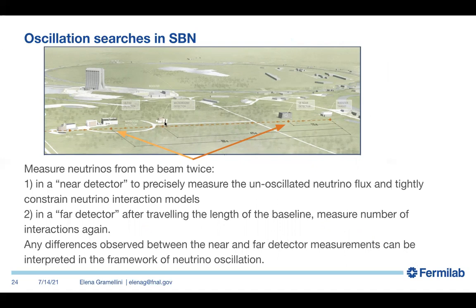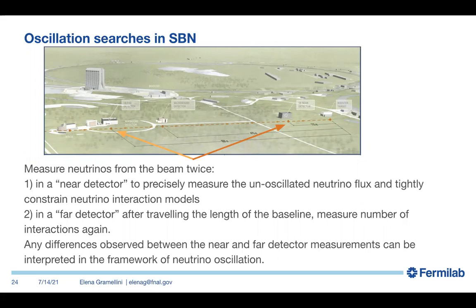So in MicroBooNE, we're going to try to see if we have a similar shape to what MiniBooNE saw, definitely doing an electron search and a photon search. And by the way, the results are coming very soon. I cannot talk about them, because it's the big result that we're hopefully going to publish before the end of the year.